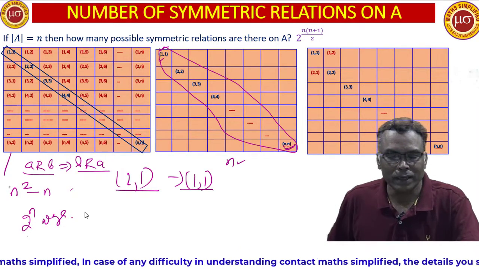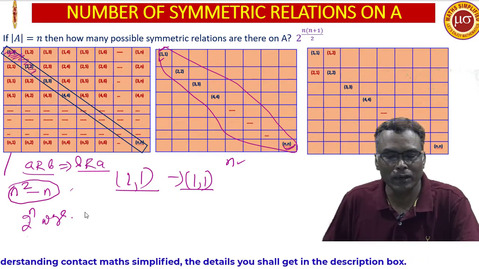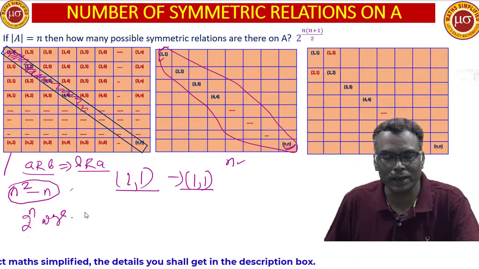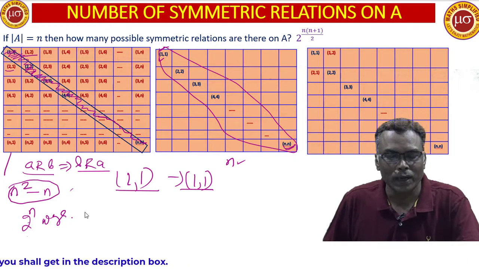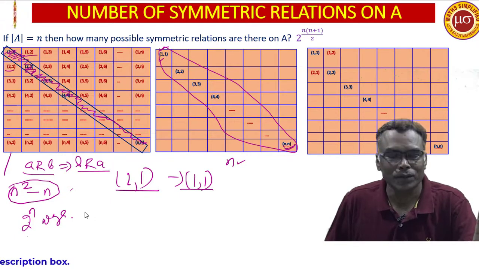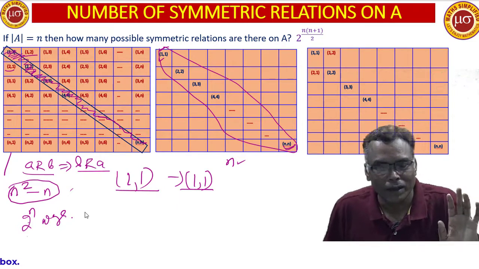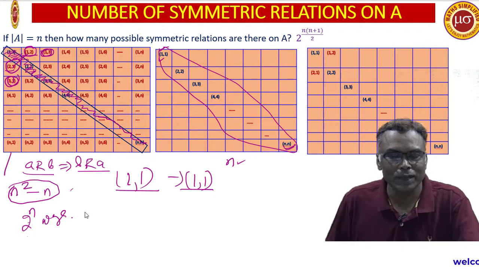Again, these n square minus n non-diagonal elements, diagonal छोड़ के non-diagonal elements, they have friends: (1,2), (2,1). If I take (1,2), the other will go with it. So in order to take or leave, मैं कोई भी एक को ले लूं तो उसके साथ उसका फ्रेंड जाएगा. (1,3) को लेने से (3,1) साथ में जाएगा. So (3,1) को अलग से एक बार लेना जरूरी नहीं है.